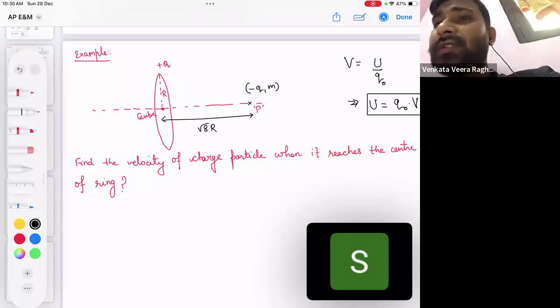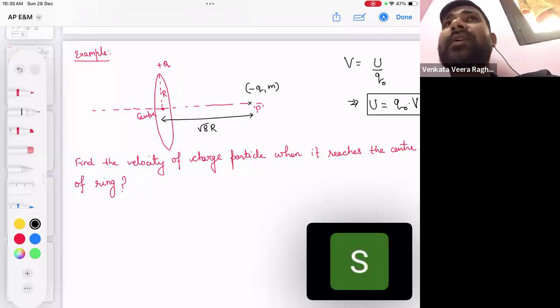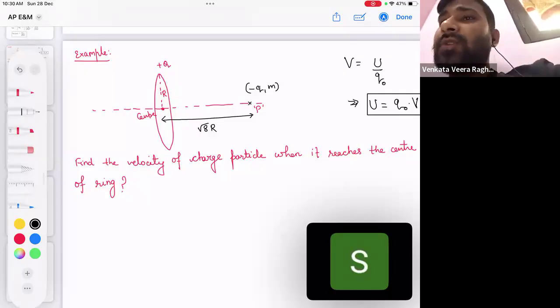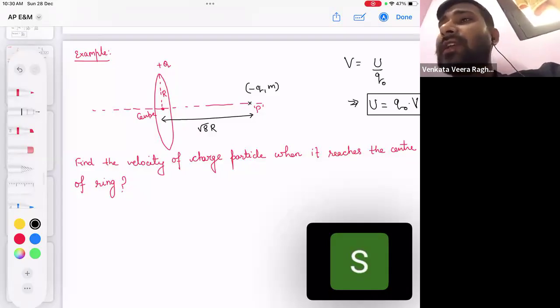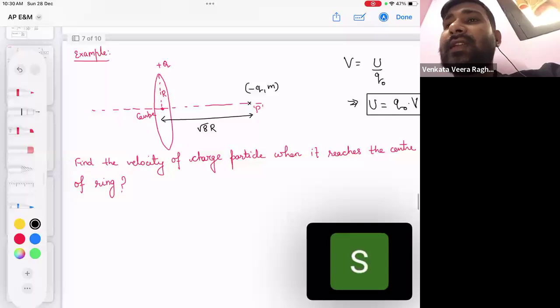It is always better to apply energy conservation when we know the expression of potential energy clearly. And when we know how to calculate work done clearly, in that case, we should apply the work energy theorem. Both are the same thing, not different from each other, but depending on which equation is more convenient in application, that we should apply. So here it will be better if I apply energy conservation.